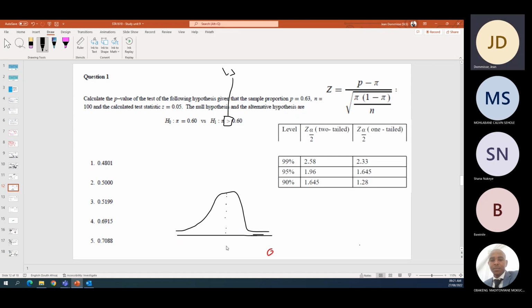So we know that that is 0. Look at that. They tell us the calculated t stat is 0.05. Okay, so let's work it out there.